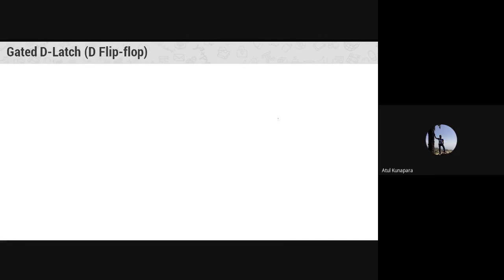It means in the SR flip-flop, we have to make sure in our circuit design that the inputs coming to S and R are never the same at the same time. That is overcome in the D flip-flop, where only one input is given, the D input. It is called the data input, and one more input, the enable signal. Outputs are as before, Q and Q dash.